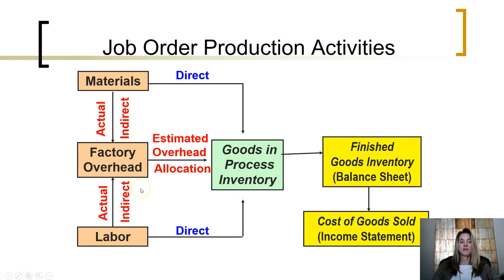And all other factory overhead indirect costs, such as factory utilities, factory rent expense, factory depreciation, etc., all of those actual indirect costs are being recorded in the factory overhead account. So this account is keeping track of actual indirect costs as they are incurred, and it is keeping track of the estimate that we are recording into goods in process, or the estimate of our indirect costs.